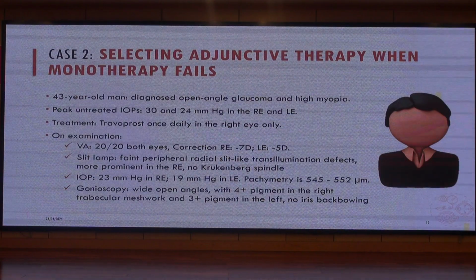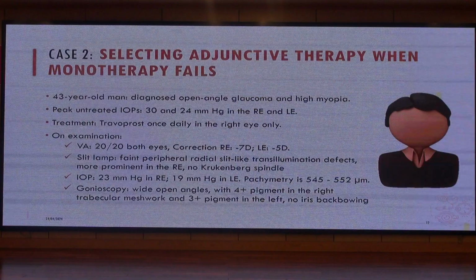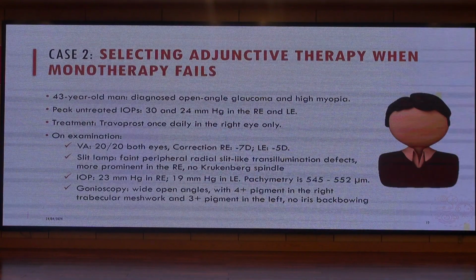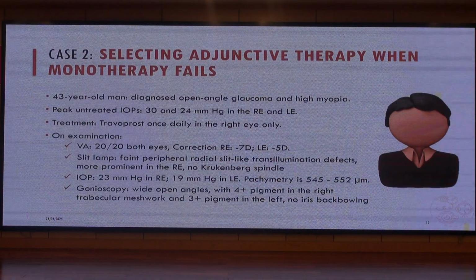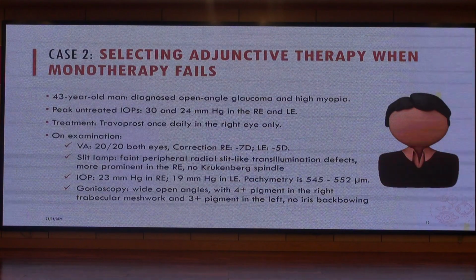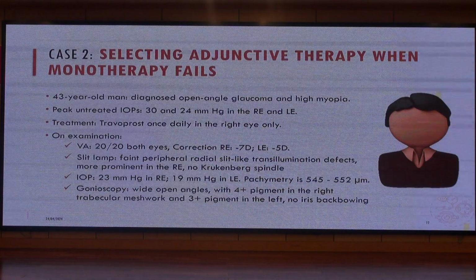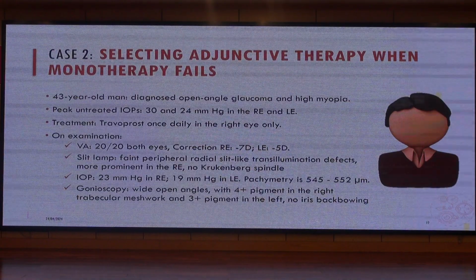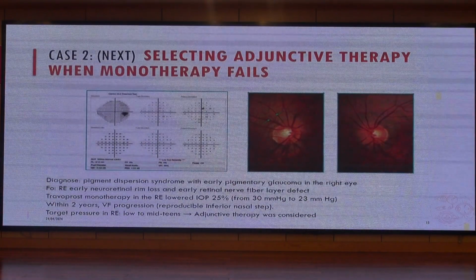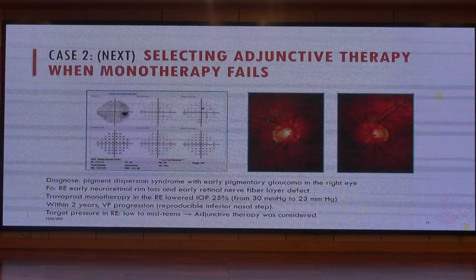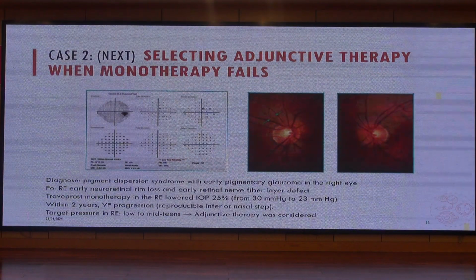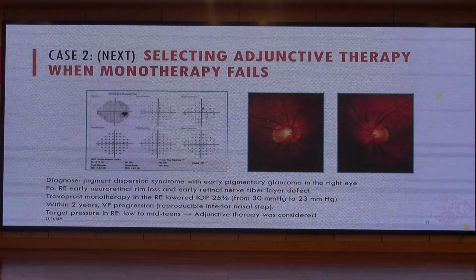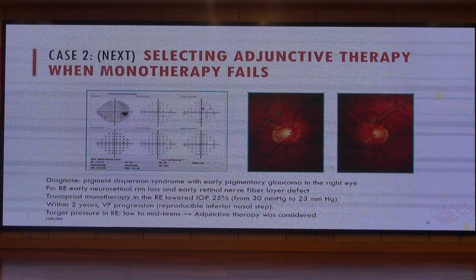On gonioscopy, the angles are open, with 4+ pigmentation in the right trabecular meshwork and 3+ in the left, and no iris bowing was observed on clinical examination or on OCT. On fundus photo, we can notice early neuroretinal rim loss and early retinal nerve fiber layer defects in the right eye.